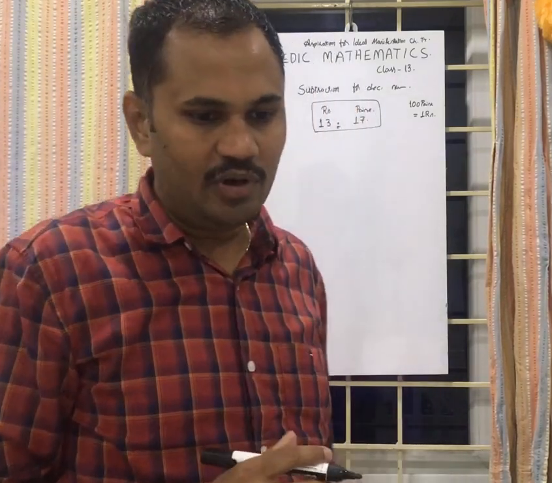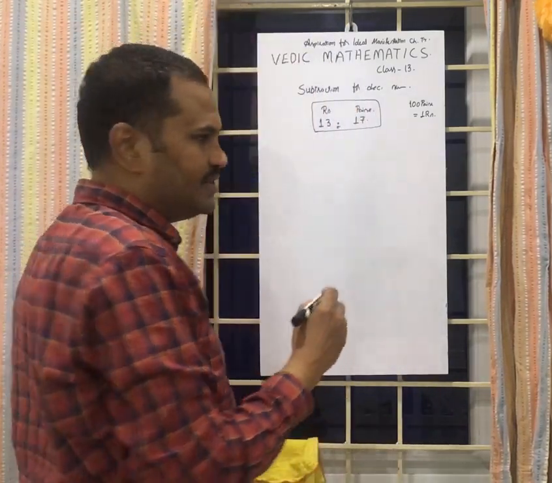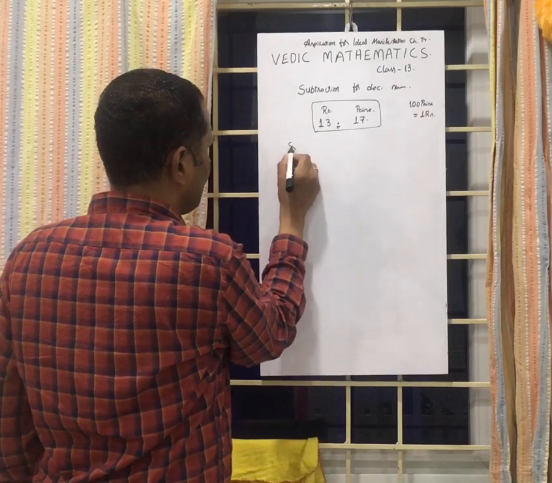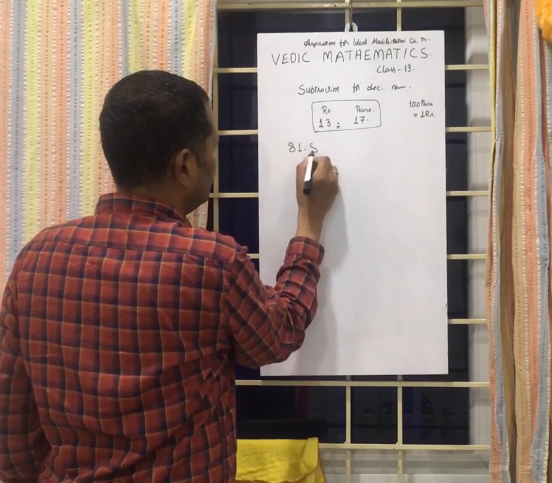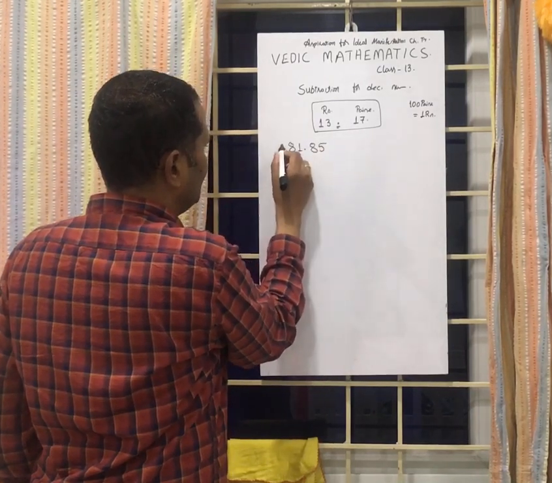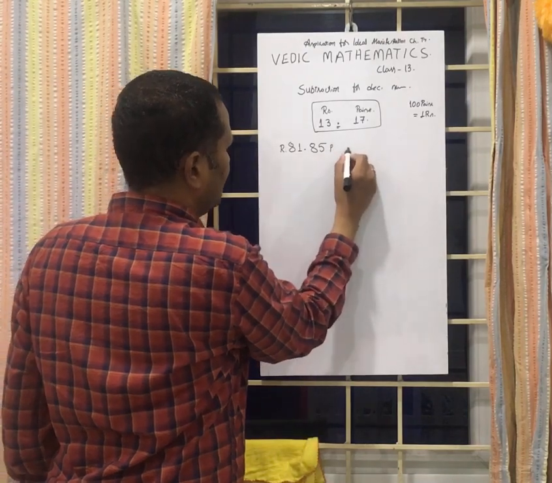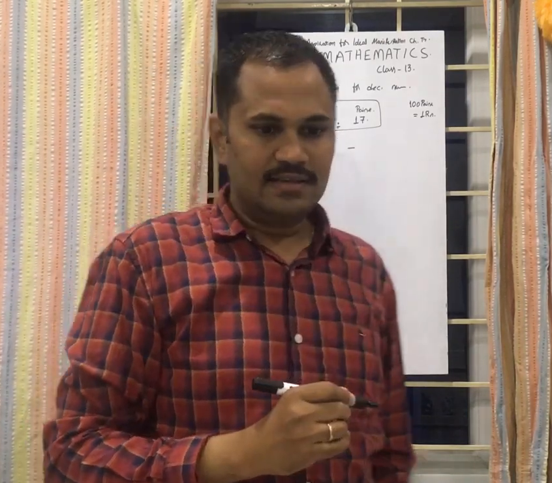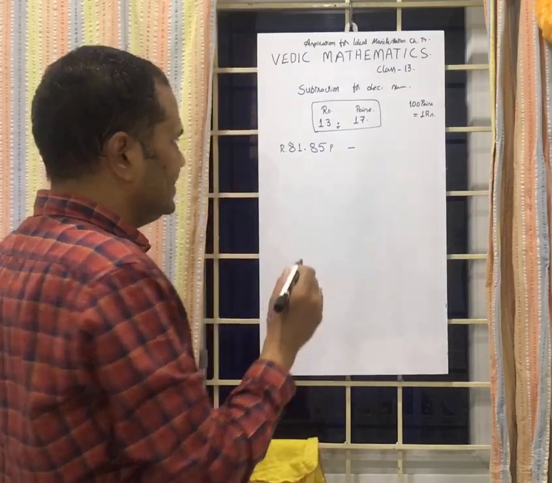Let's take the example of 81 rupees 85 paise. This is rupees, this is paise, minus, let's consider 66 rupees 86 paise.